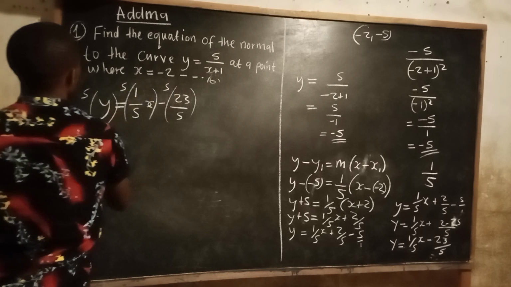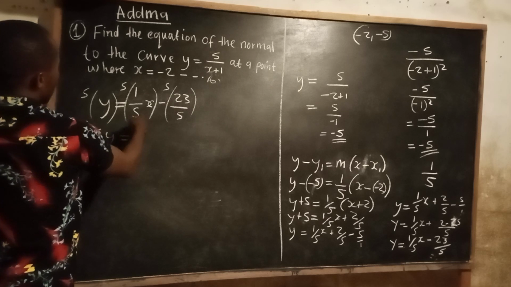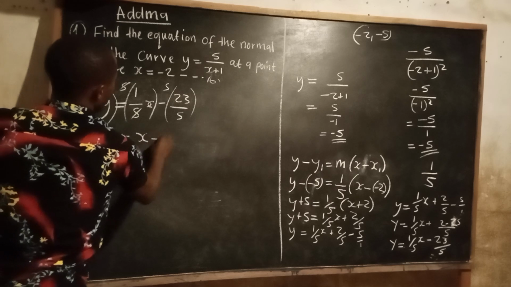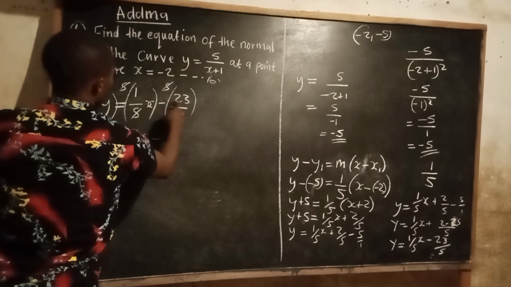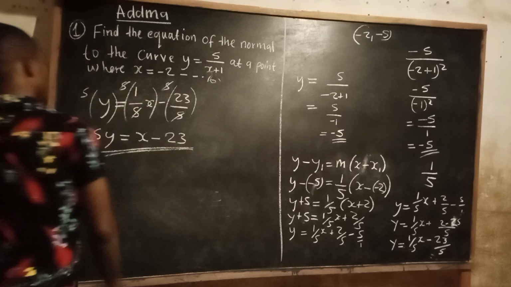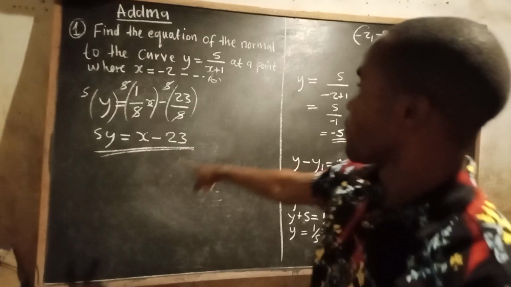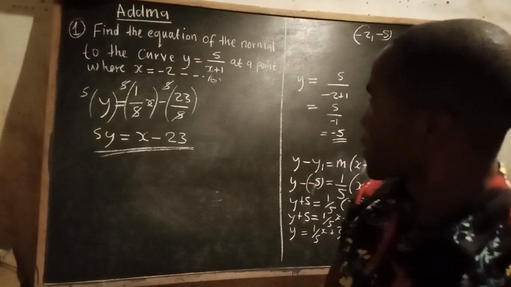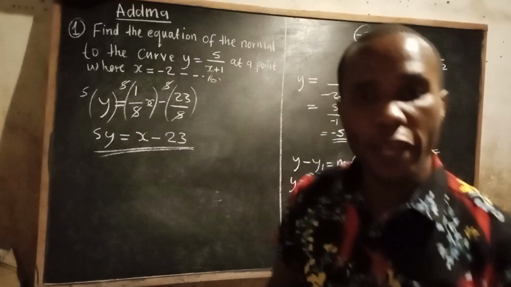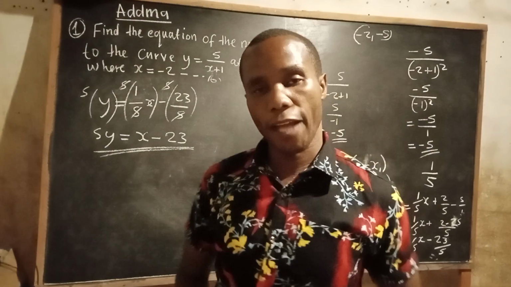So 5 throughout: 5 times y is 5y equals, here this will go, 1 times x, we are going to remain with x. Then minus, this will go, then 1 times 23 is 23. Therefore, the equation of the norm is 5y equals x minus 23. That is how we find the equation of either the norm or the tangent.